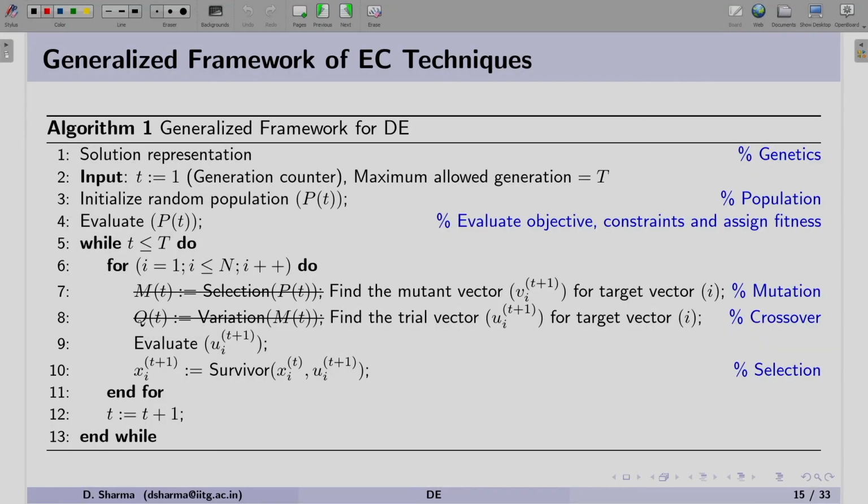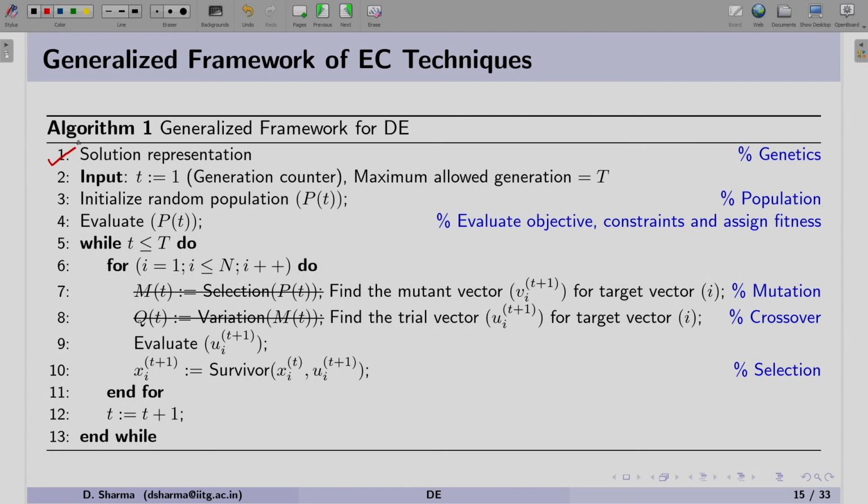After understanding the flow chart of differential evolution, now let us fit DE with our generalized framework of EC computing technique. In this case, we can see that we have step 1, which is the solution representation.